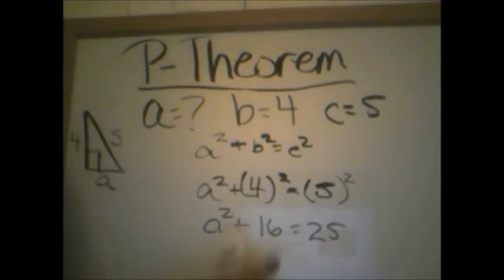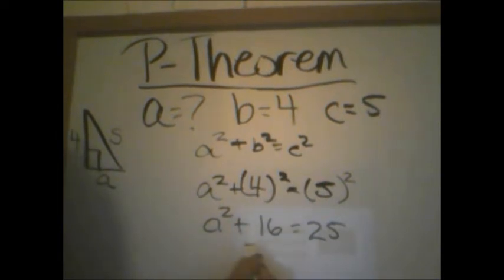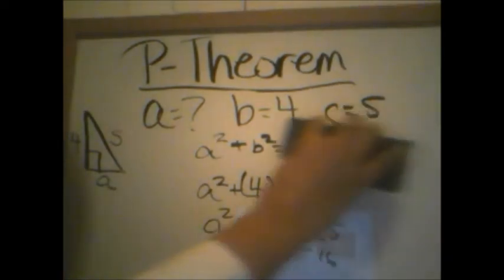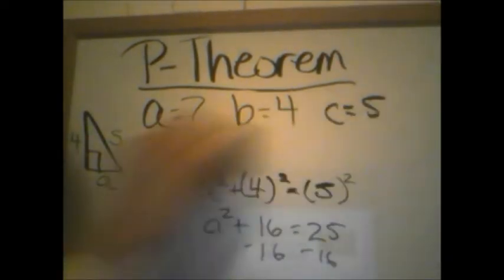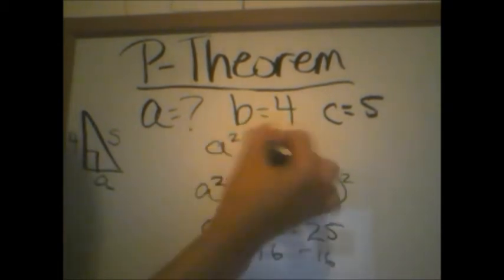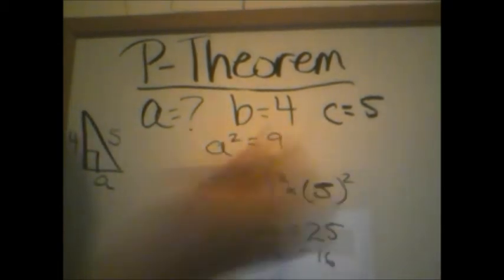Now, in order to get a squared alone, we have to minus 16 on both sides. After we minus 16 on both sides, I need some more room here, so that's why I'm erasing the top. We'll have a squared equal 9.